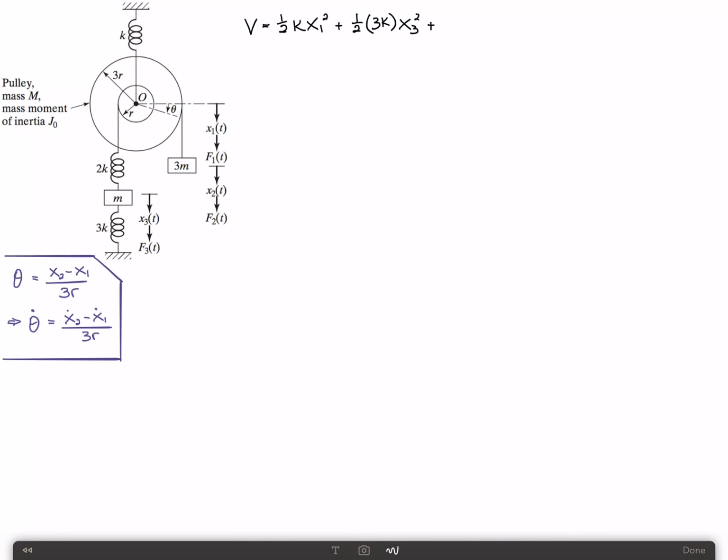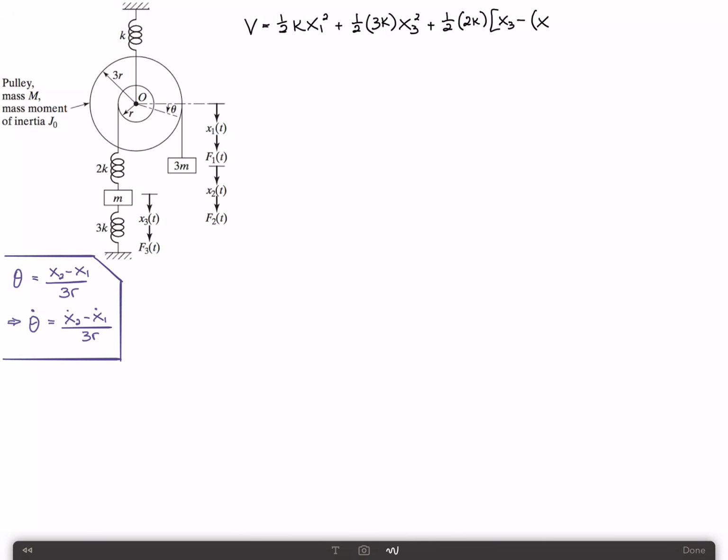plus the other spring, which is 1/2 times 2k, times the deflection of that spring squared. Well, the deflection of that spring squared is simply x3 minus (x1 minus r theta).